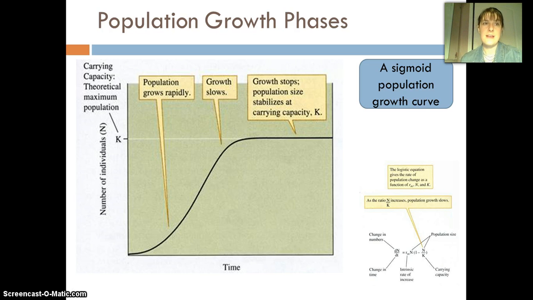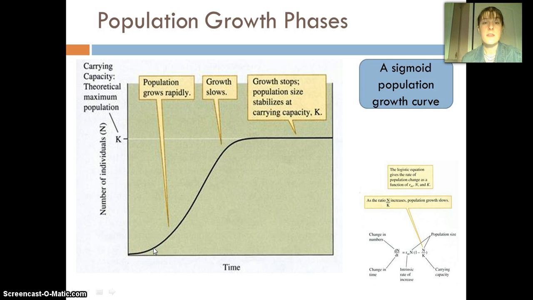When we are going through the process of succession, or if a species is moving into a new area, even if it's already established, there are going to be population growth phases that occur within the species. And these phases are fairly predictable. The first thing that will happen is a couple of individuals move into the area, and if the area is suitable for them, they're going to start to reproduce faster and faster.